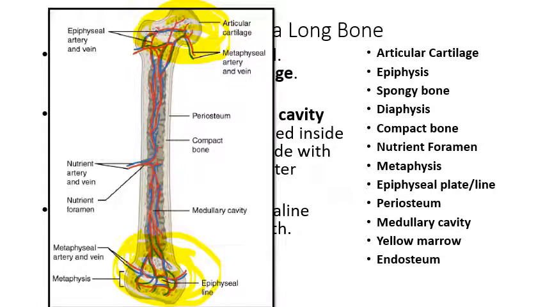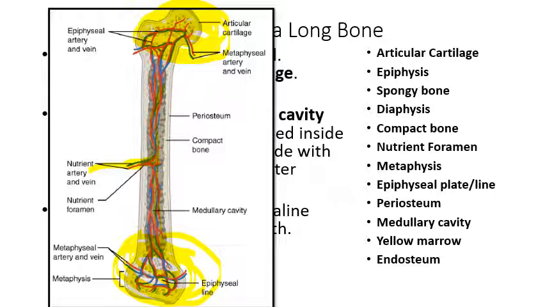And you can see on the inside that the epiphyses are filled with spongy bone, trabecular bone, and then it's hollow on the inside. That's the medullary cavity, and then there's the nutrient foramen bringing the blood vessels on the inside to feed the adipose cells that are living inside the medullary cavity.